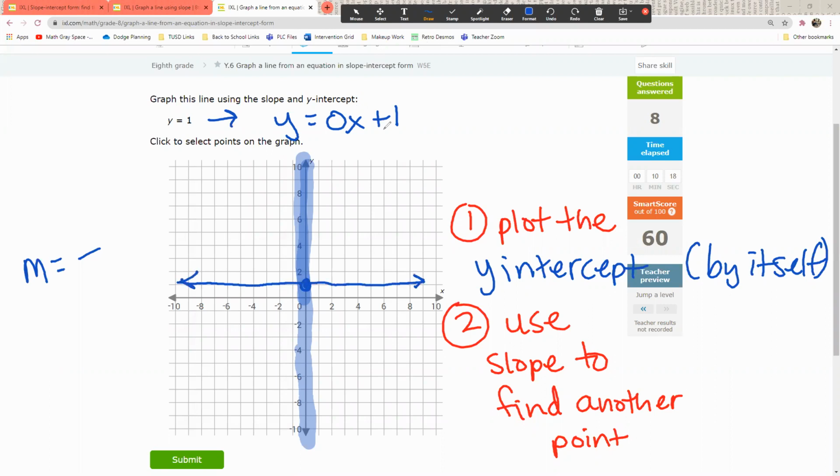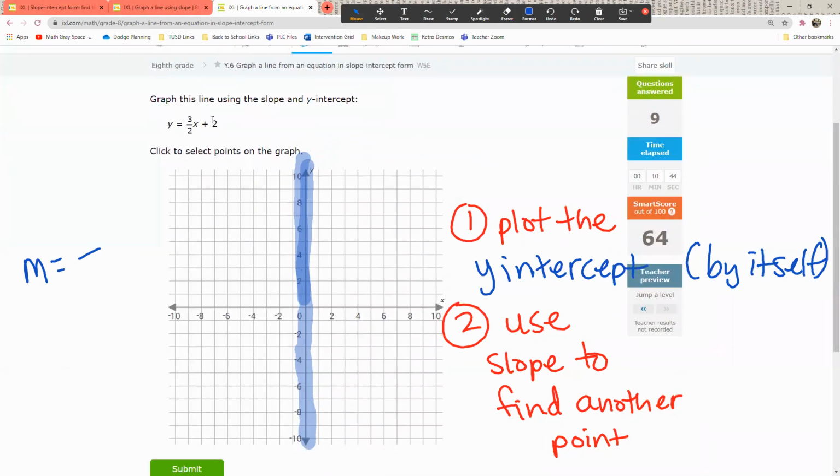So if you know it has a slope of 0, you can just draw a flat line. It means it's flat. Okay, I'm going to erase that so I can go on to the next problem. Let's plot that. So I start at 1, and then I can just pick any point along here to make it a flat line.